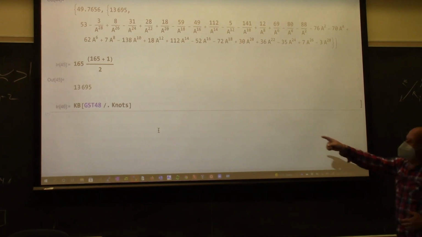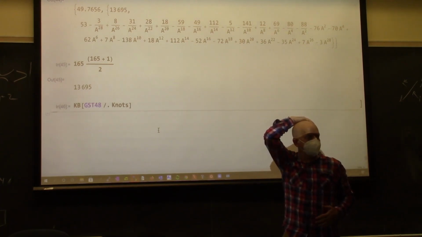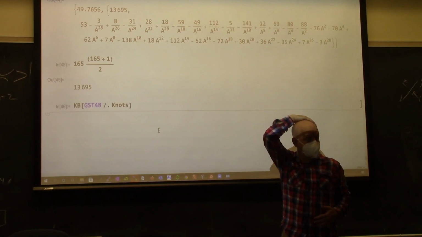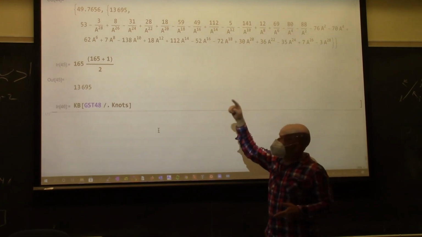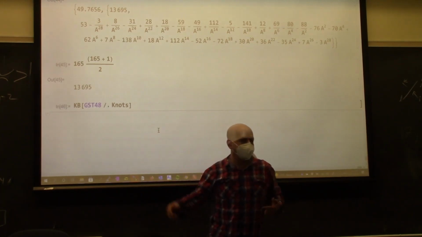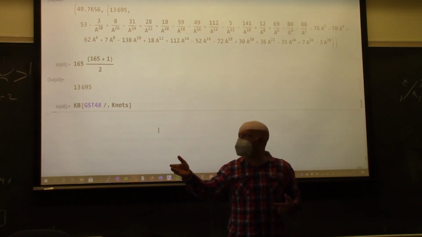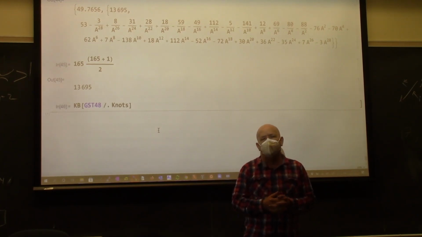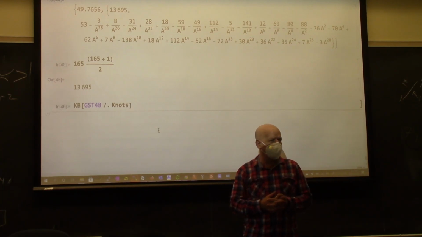So this has 48 crossings, so it should take about 2 to the 48 operations. 2 to the 48 is 2 to the 38 more than 2 to the 10. 2 to the 10 took an average of 1/3 of a second. So 1/3 of a second times 2 to the 38 is about a few billion seconds, which is about 100 years probably.